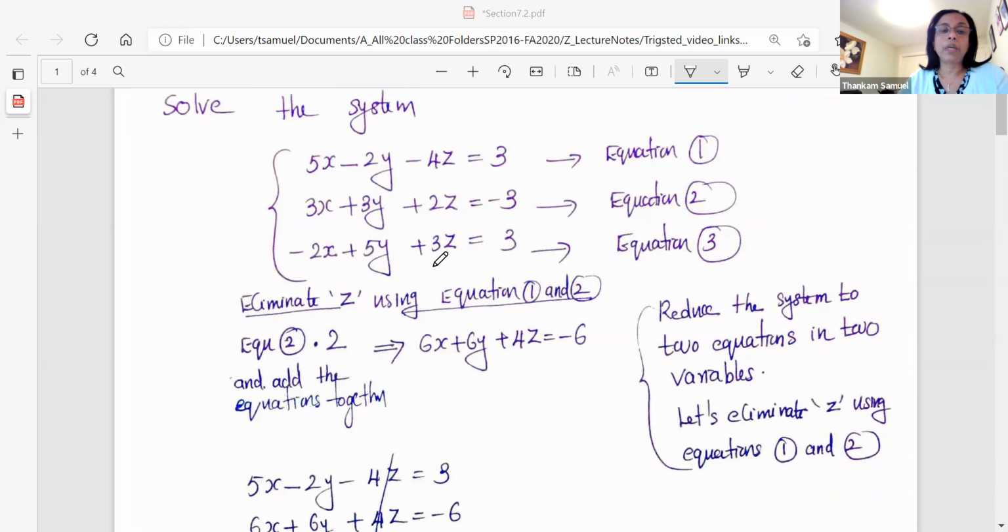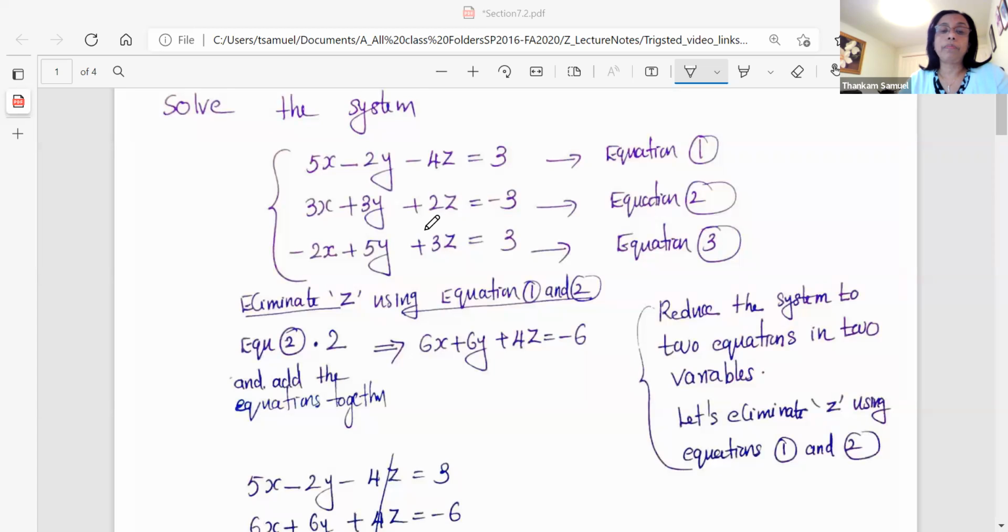So in order to solve the system, first we need to eliminate one of the variables from two equations. You can eliminate x, y, or z, it's your choice.